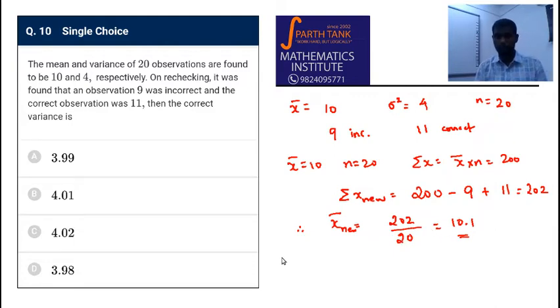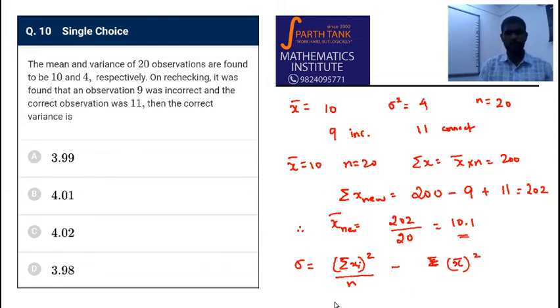Because what is the expression for variance? Variance can be written as summation of xi square by n minus summation of xi by n the whole square, or x bar squared, right?